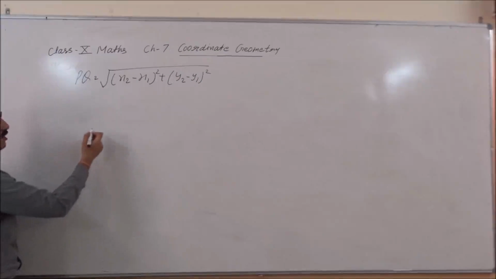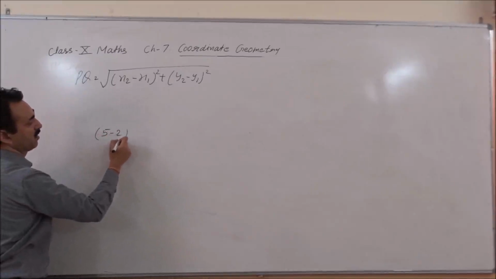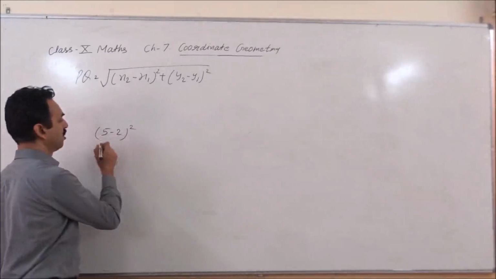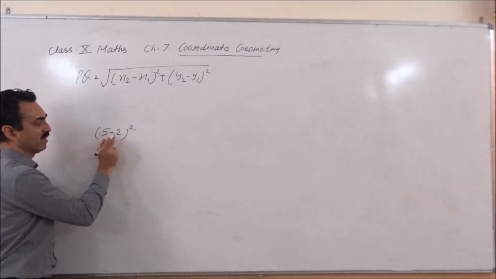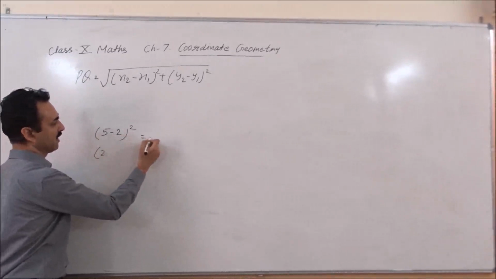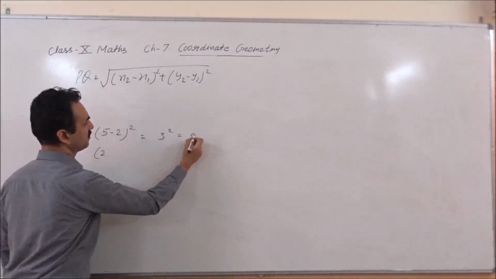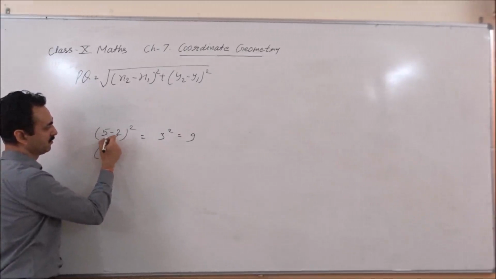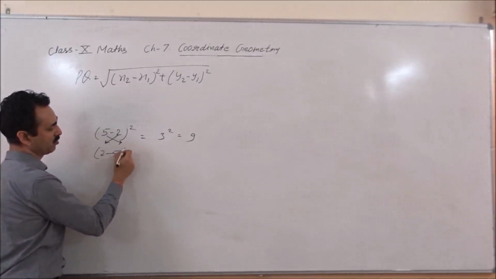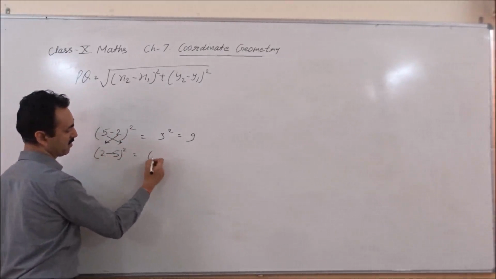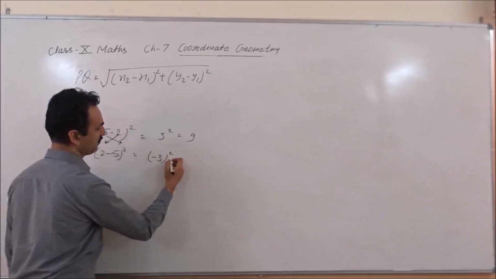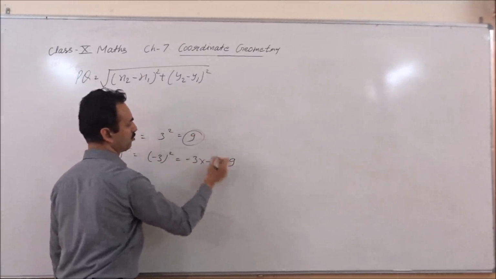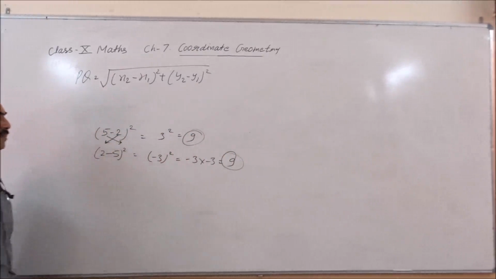I want to ask you one thing: if I write 5 minus 2 whole square, I get 3 square, which is 9. If I write it in reverse, 2 minus 5 whole square, I get minus 3 whole square, and minus 3 into minus 3 is also 9. So you can see your answer is the same.